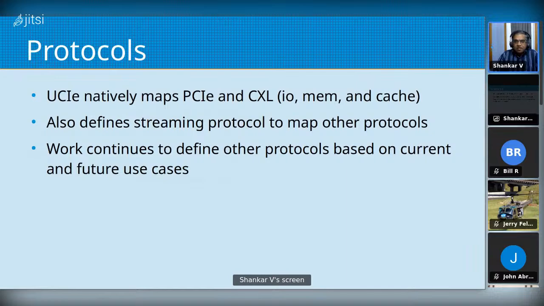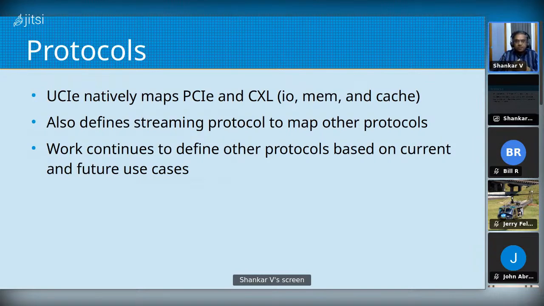And this is basically a path for if you have two different chips that are connected by a PCIe link or a CXL link, you could convert those two chips into chiplets and put them on a package and connect them over UCIe. So that's the idea for basically taking things that are at a board level today and integrating them into a package level.